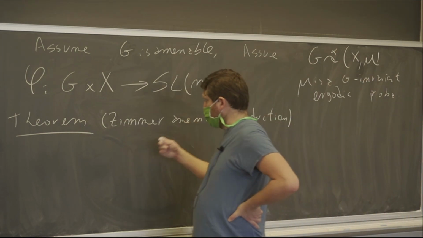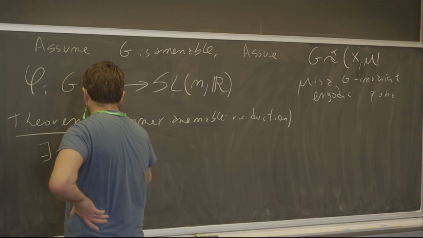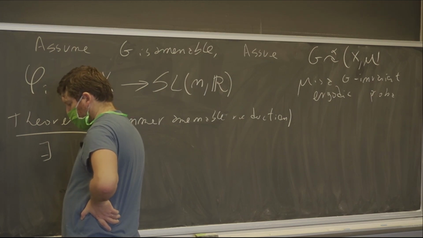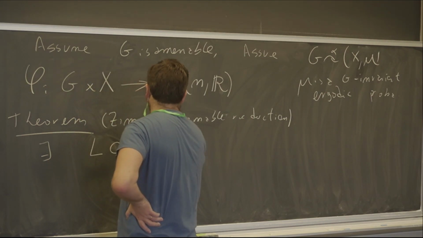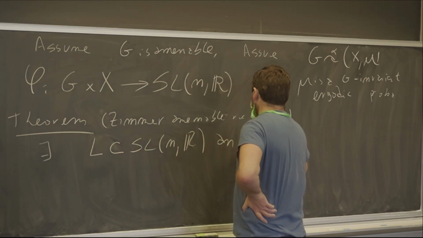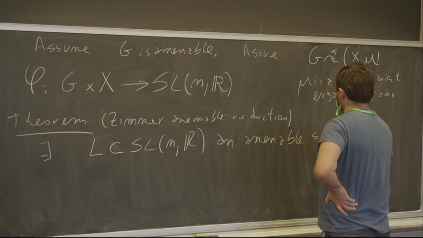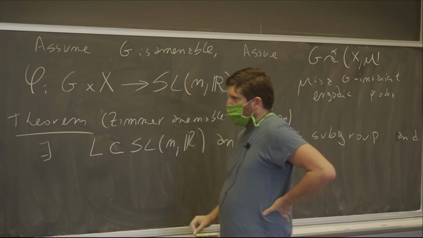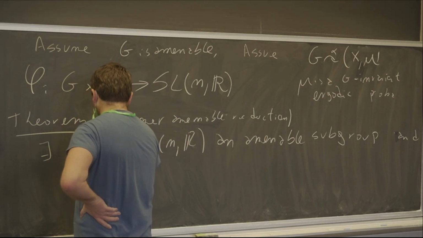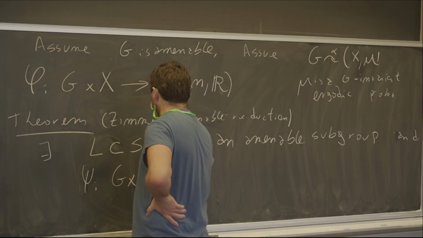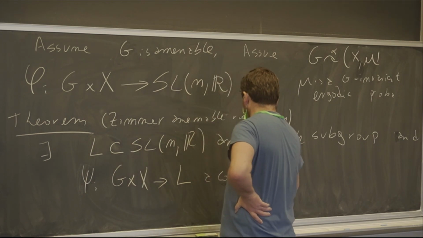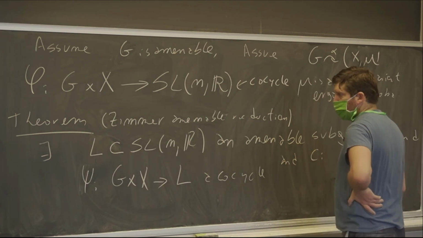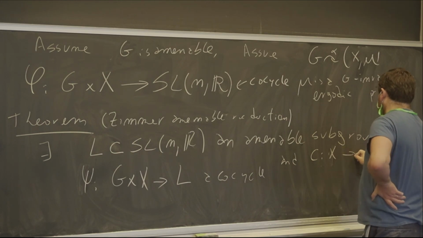So it says the following, that there exists an amenable closed subgroup L, H is not a good name, L, still not a good name, but an amenable subgroup, and psi, a cocycle from G times X into SL_n(R), and a measurable map C from X into SL_n(R).